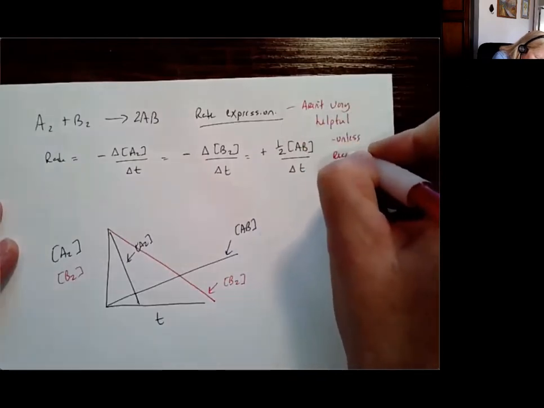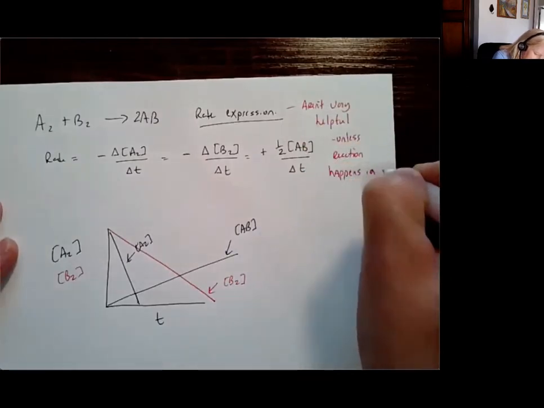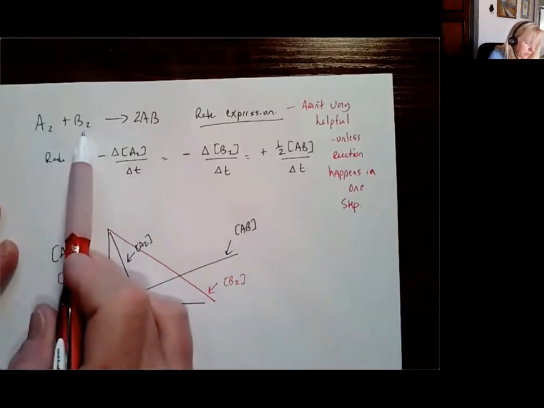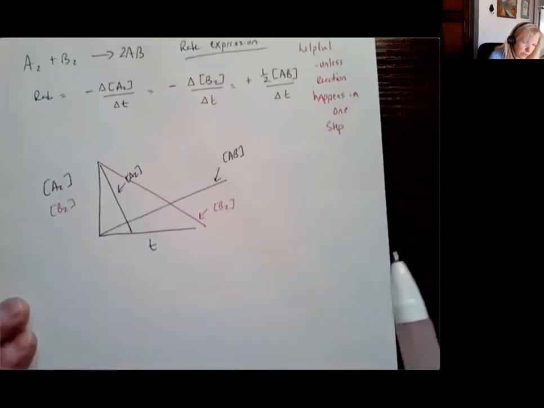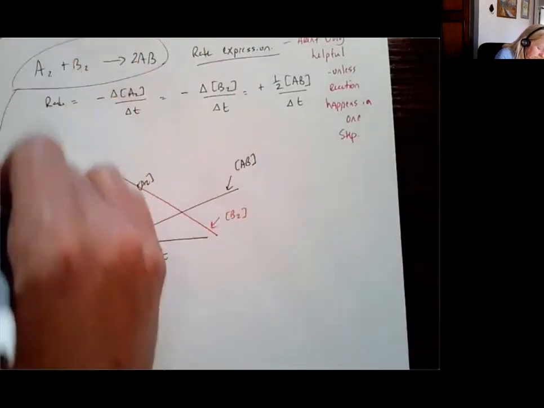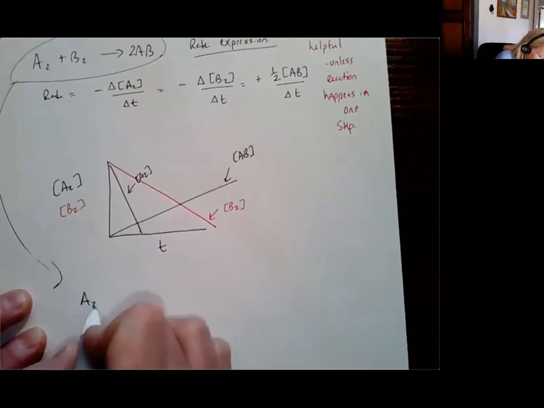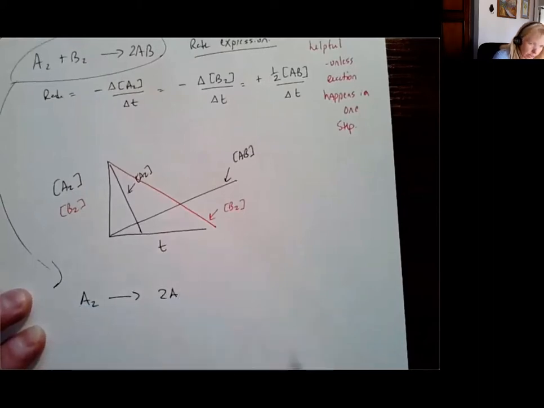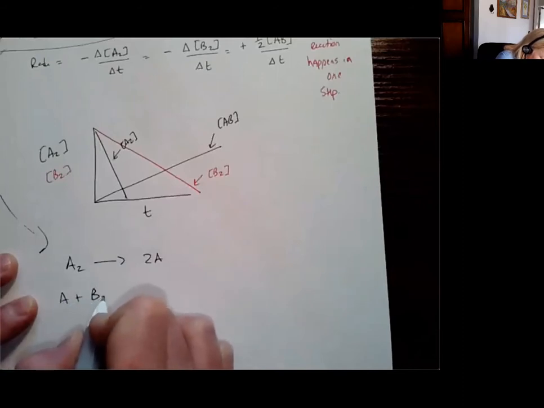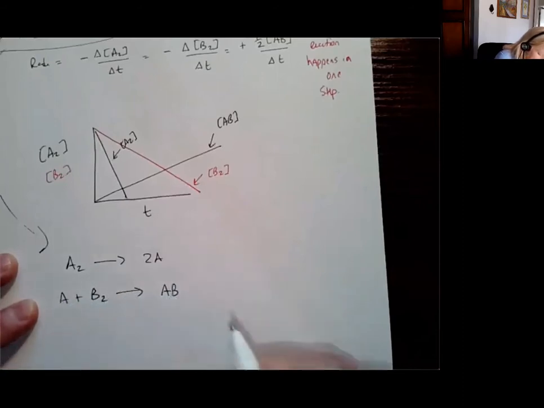unless the reaction happens in one step, meaning there's only one event that's happening: A2 is reacting with B2 to form AB. But what if you need multiple steps? What if in this scenario, for this reaction to happen, A2 has to go to 2A first, and then A can react with B2 to form AB.